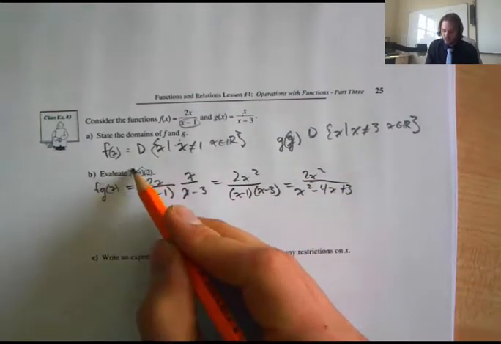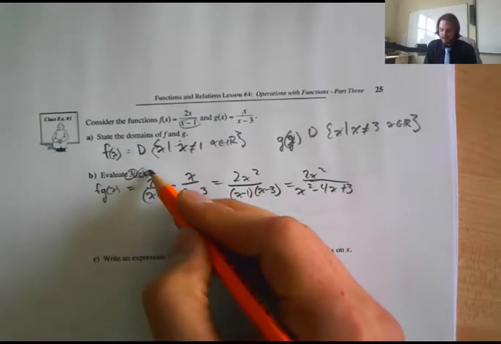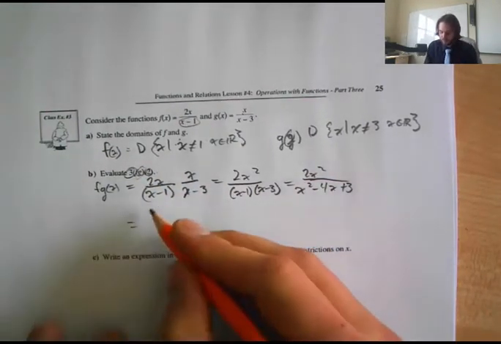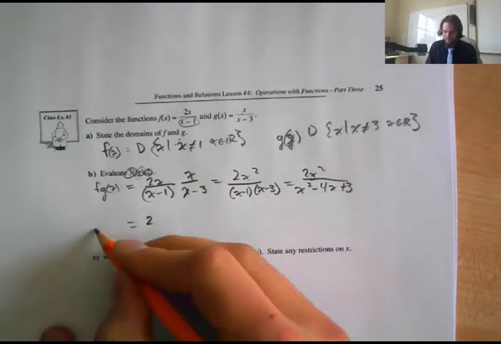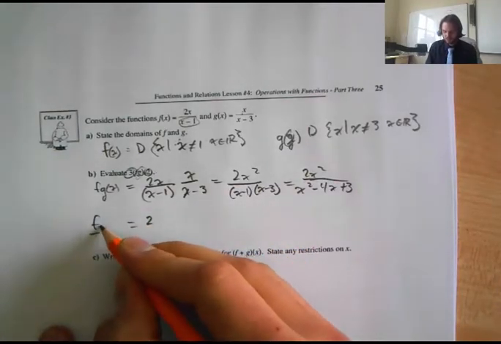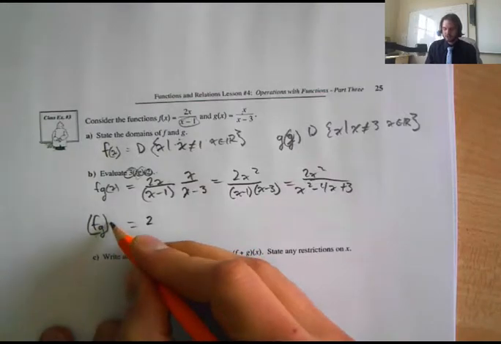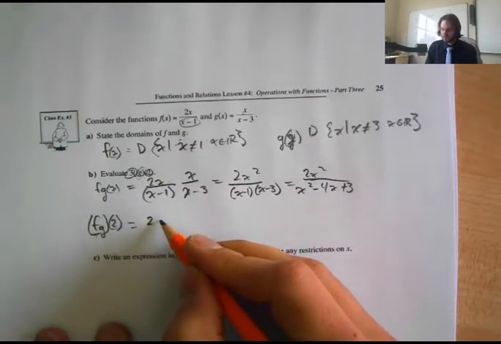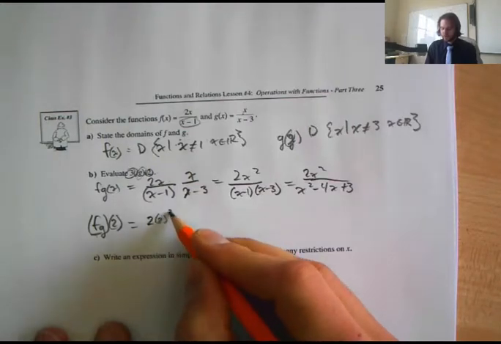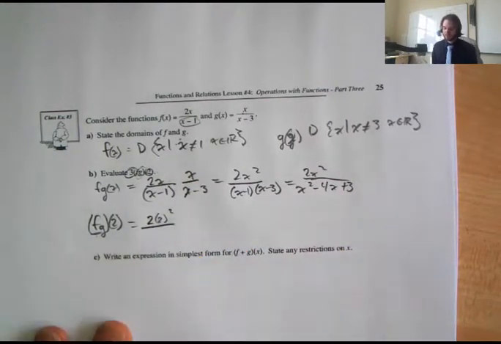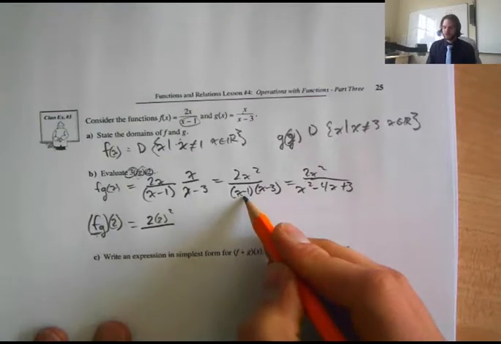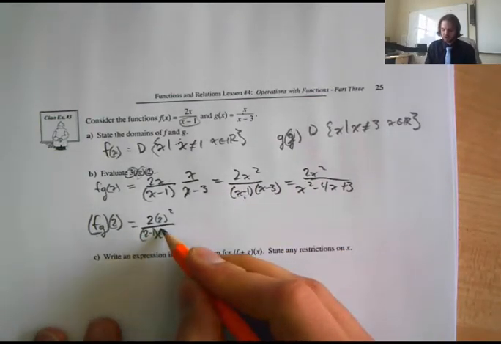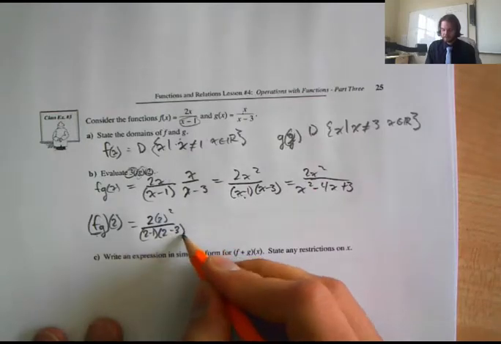Now it says we want to multiply all that by 3 and then put in 2 for x. So let's put in 2 for x here. So I'm going to have fg of 2. We want to put in the 2, so we have 2, and then 2 squared, all over 2 minus 1, which is 1, multiplied by 2 subtract 3.